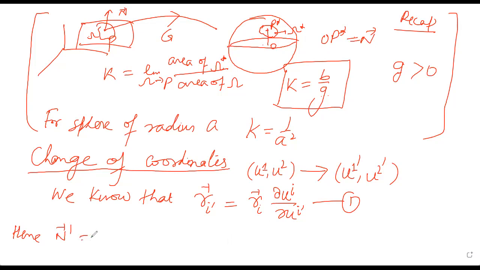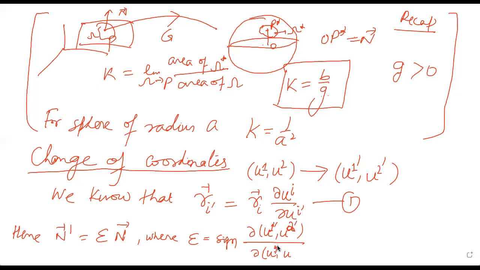So this will be some epsilon n, where epsilon is the signature, the sign of del of u1 dash, u2 dash upon del of u1 u2.